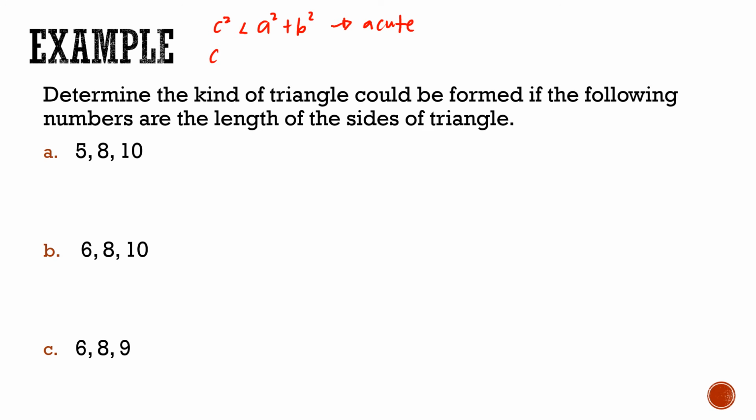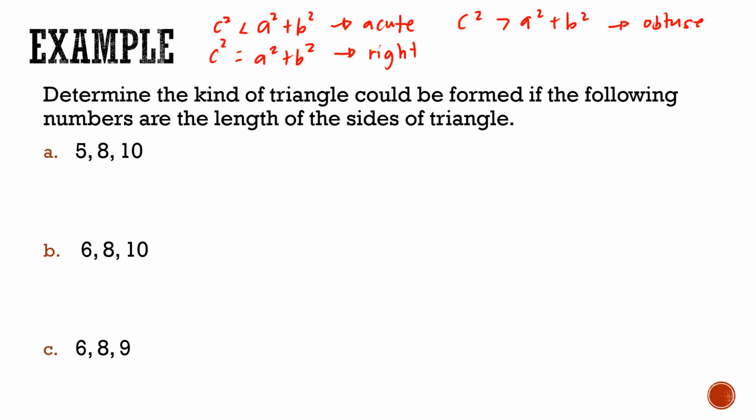If the square of the largest number is equal to the sum of the squares of the other two numbers, then we have a right triangle. But if the square of the largest number is greater than the sum of the squares of the other two numbers, then it is an obtuse triangle.